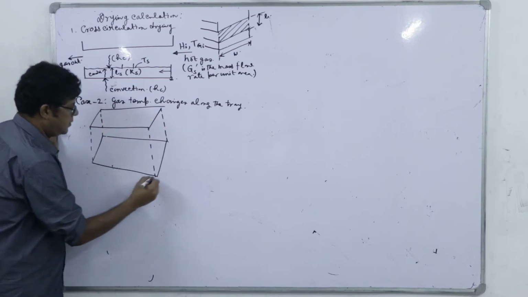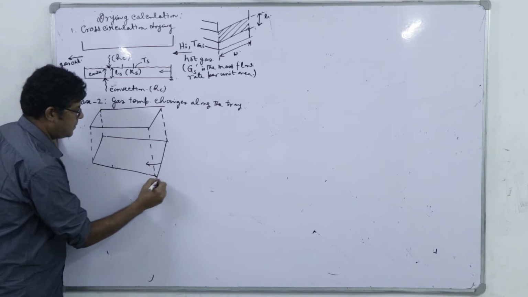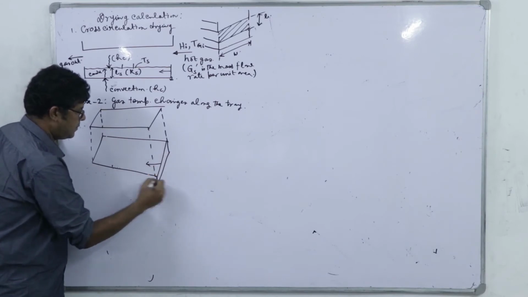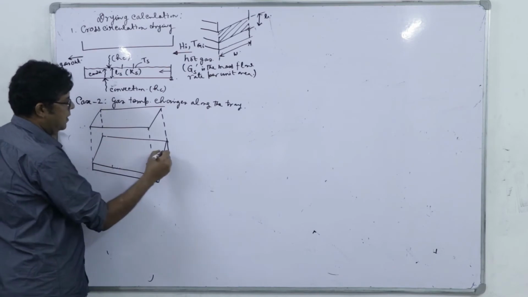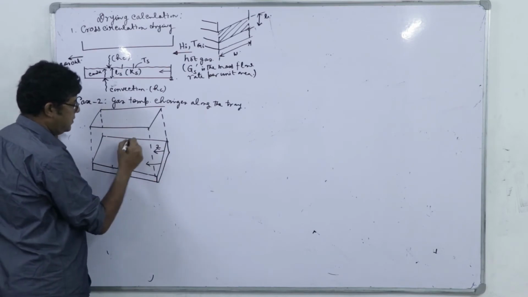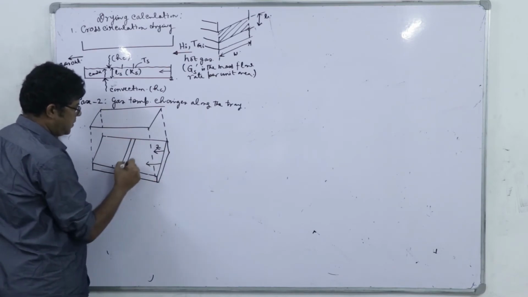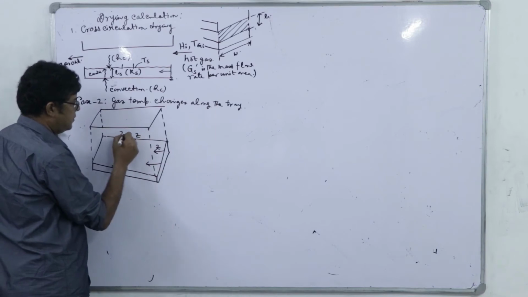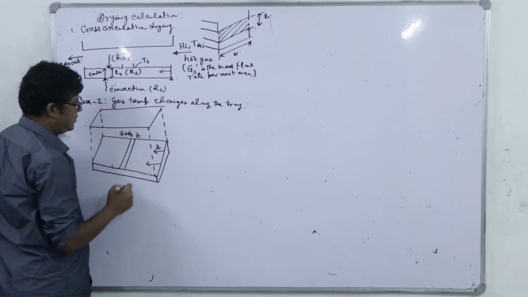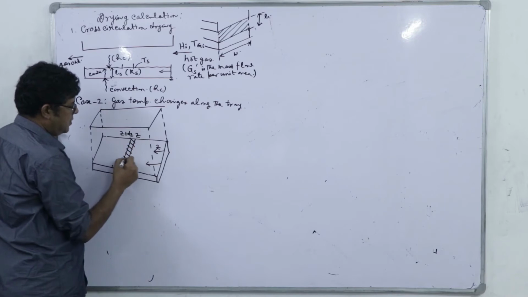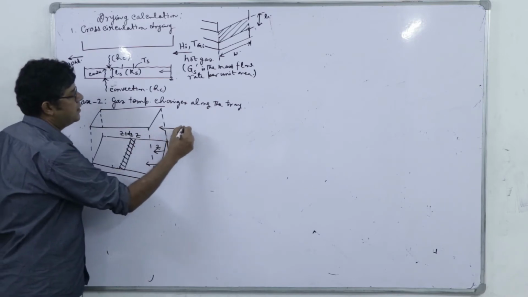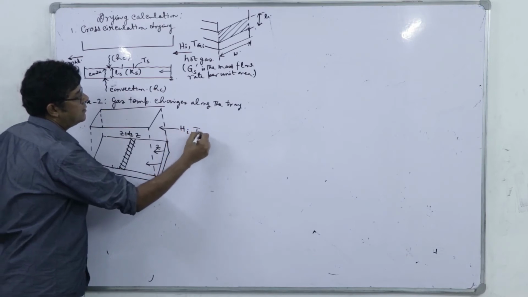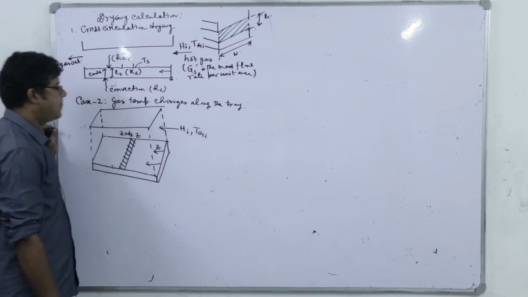Right. So this is the tray. Here we have the solid. So this is Z, and we consider a strip-like section between Z and Z plus dz, right? And gas temperature here, the humidity is Hi, its temperature is TGI.